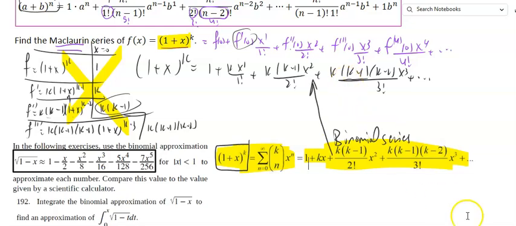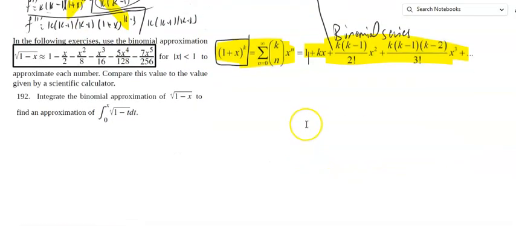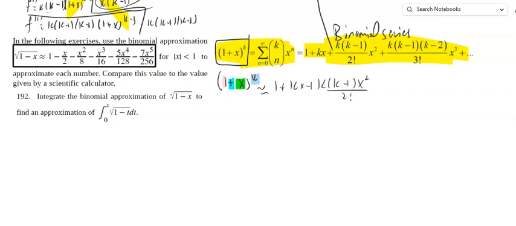All you have to do is write it in the right form, meaning write it in the form of 1 plus a quantity raised to the k. Make sure that is a 1. Make sure that's a plus. Identify what is x and identify what is k. And then automatically that is 1 plus kx plus k times k minus 1 x squared over 2 factorial.